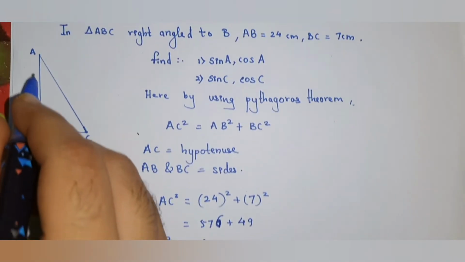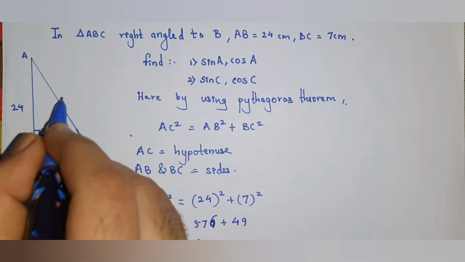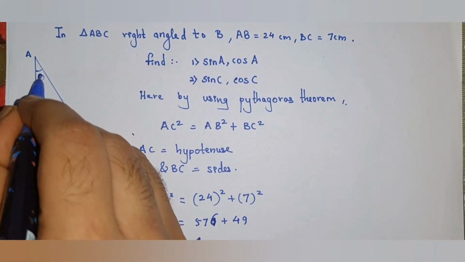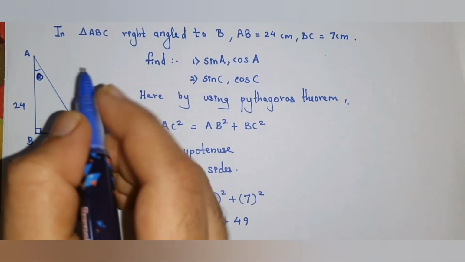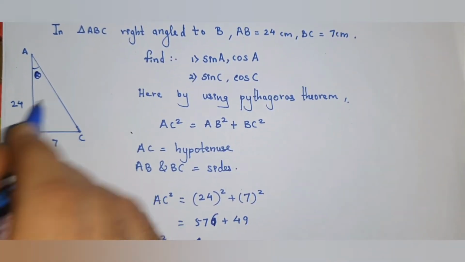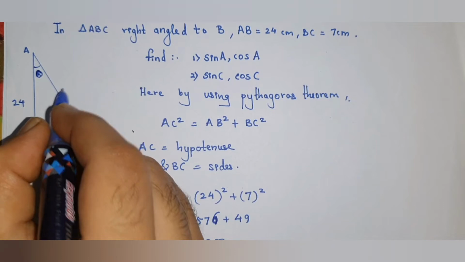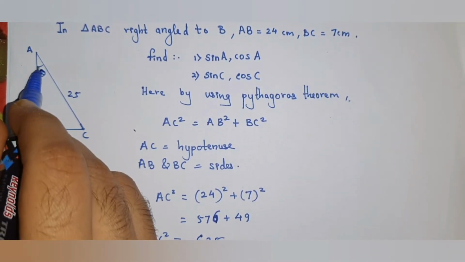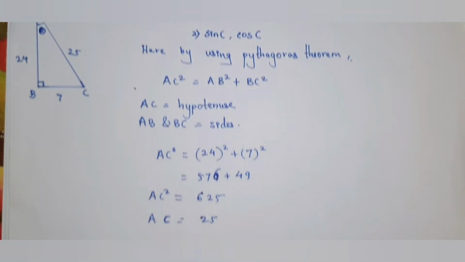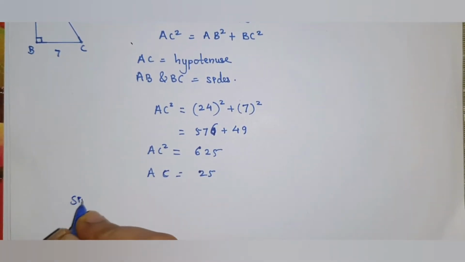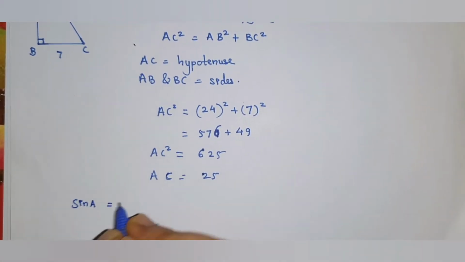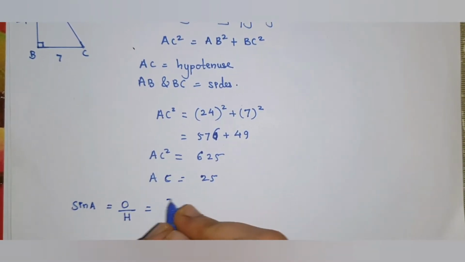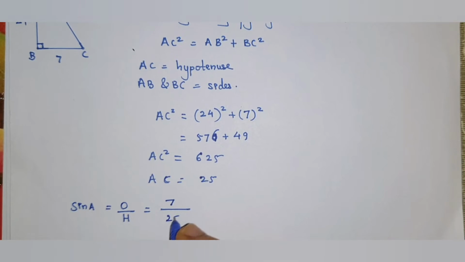Here we have to take this angle as theta for the first calculation of angle A, and here the value is 25. Now for angle A, sine of A will be opposite upon hypotenuse, that is equal to 7 by 25.